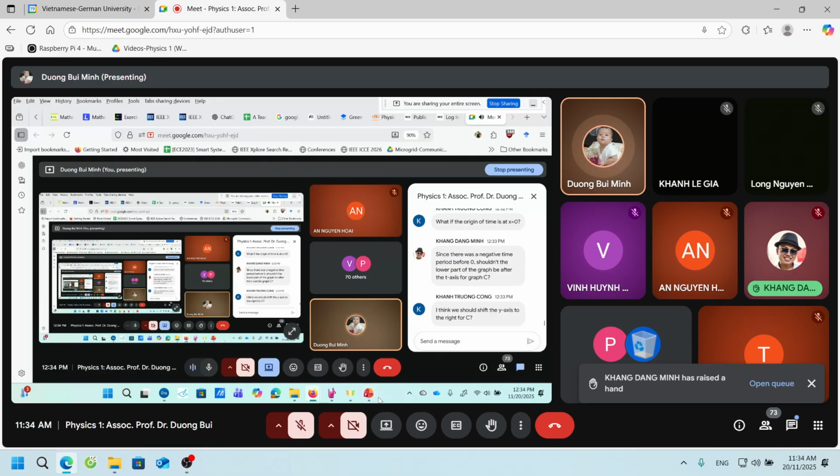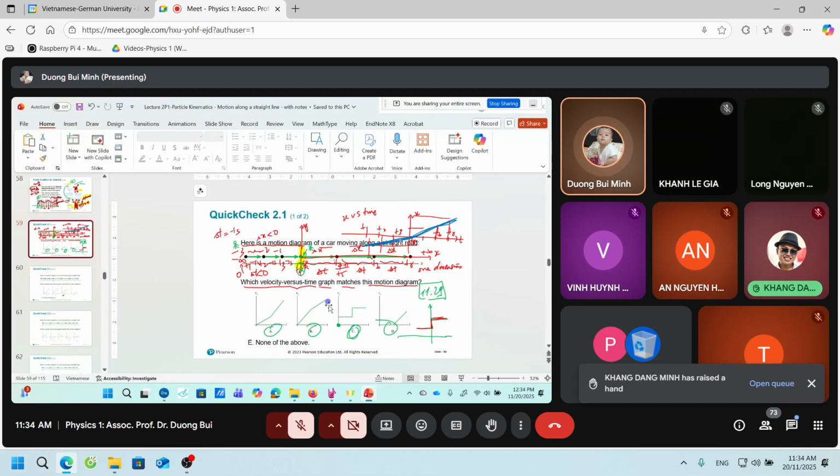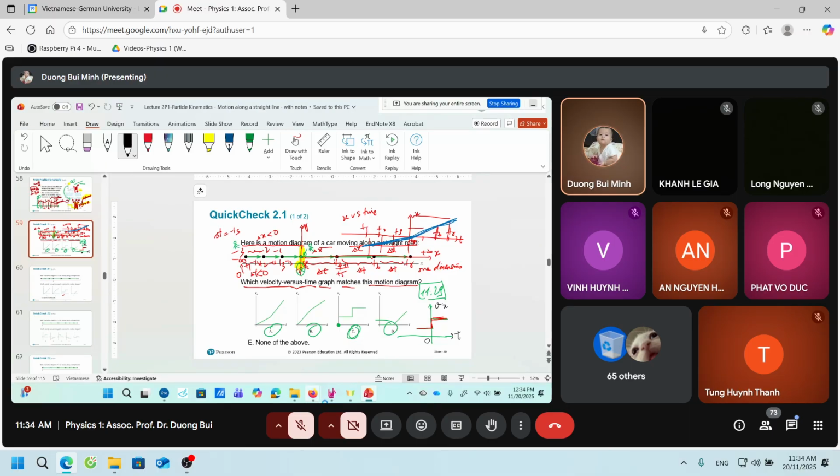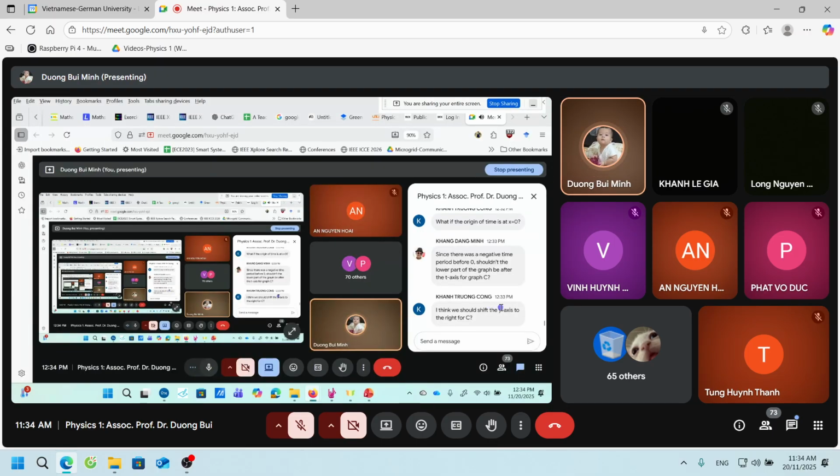This is the problem with my lectures, sorry. Actually, they should be here, right? Maybe you understand the idea, right? Thank you very much. Yes, we should shift the y-axis to the right for C. Okay, correct.